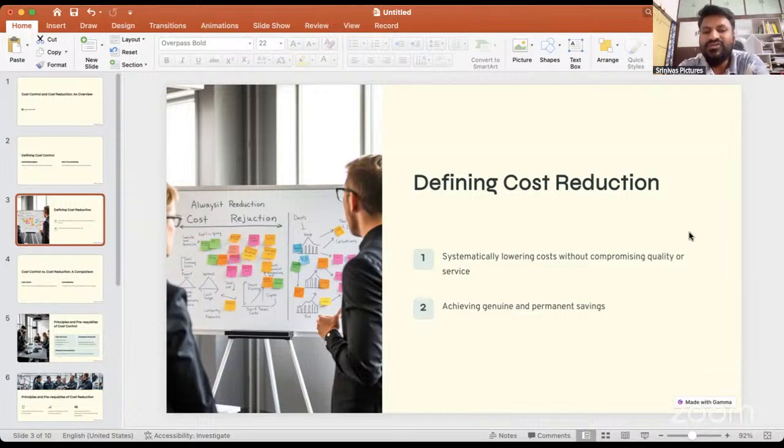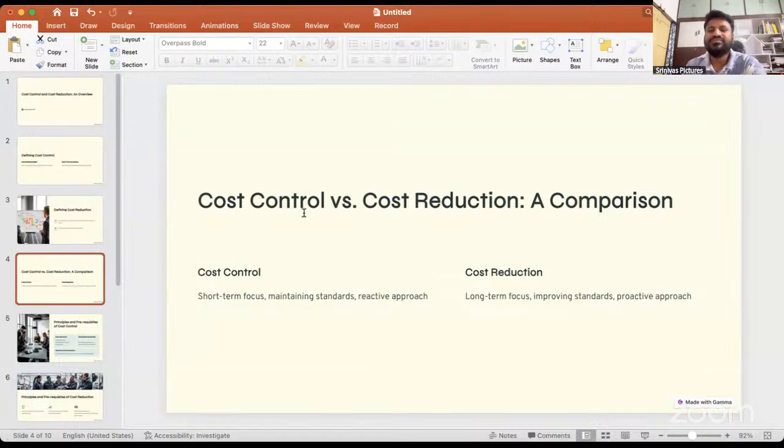So maximum quality with minimum cost, we are going to provide. This helps in achieving genuine and permanent savings.